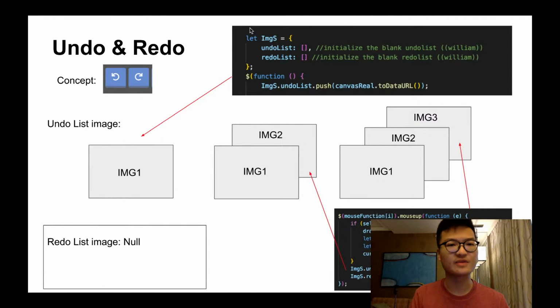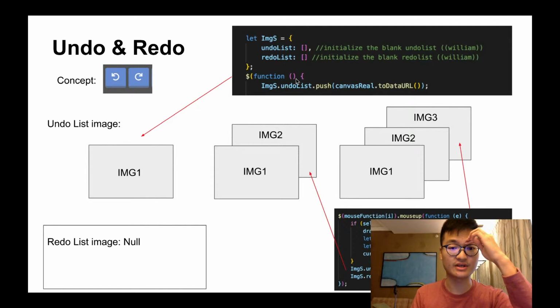First of all, we have to set up two arrays for storing all the images. So we have the undo list and the redo list arrays, and at first both of them are empty. When our canvas is loaded, we take the first image and store it into the undo list initially.